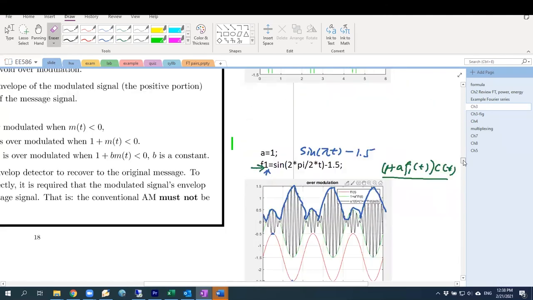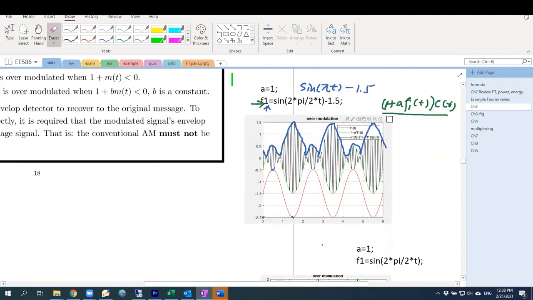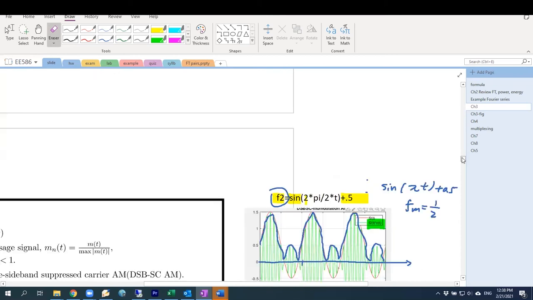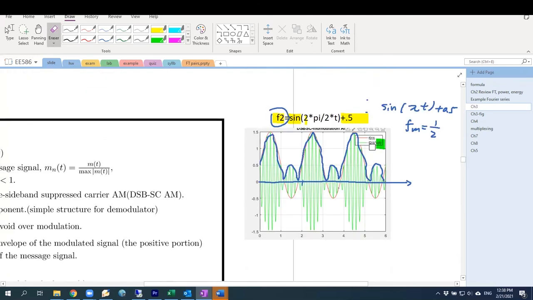What is the observation here? Whatever the portion in front of c(t) is, if I do f2(t) multiplied by c(t), as long as f2(t) is less than 0, overmodulation will occur.